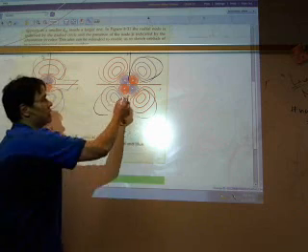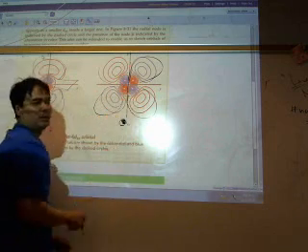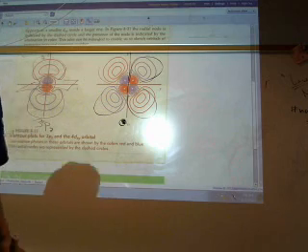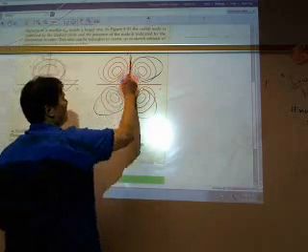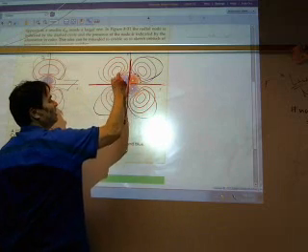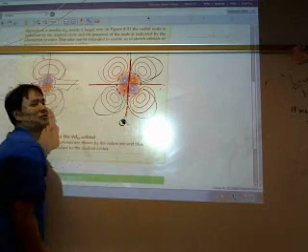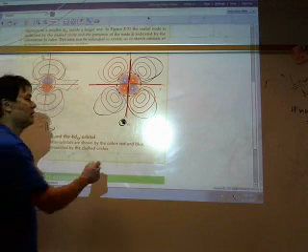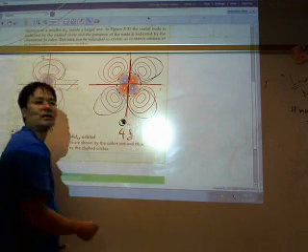The law of the nodes says that, well, we got how many nodes here? We got 1 planar node here, another planar node here, and a spherical node here, which gives me 3 nodes, so that must mean it's a 4d.